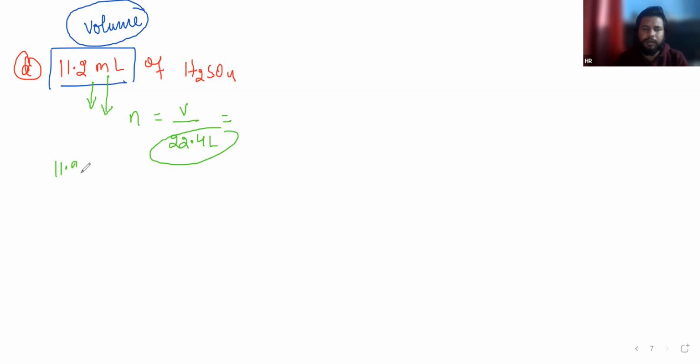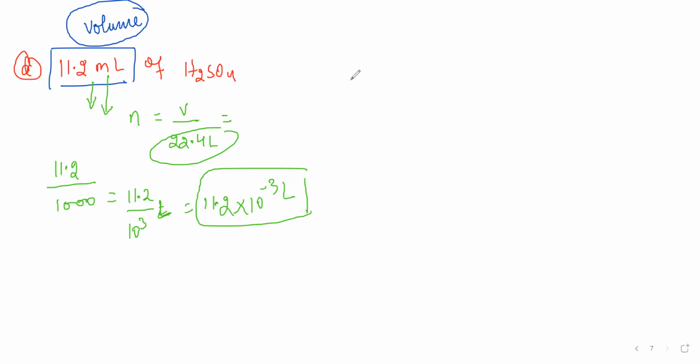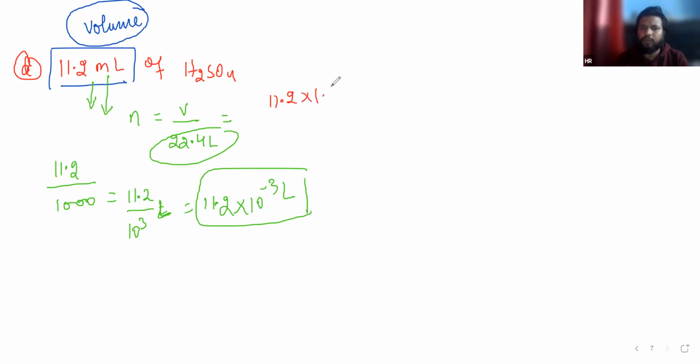For liter, we need to divide it by 1000, or you can also write it 11.2 upon 10 raised to the power 3 liter, or 11.2 into 10 raised to the power minus 3 liter. Now you put the value 11.2 into 10 raised to the power minus 3 liter divided by 22.4 liter, and it will be cancelled by 2 times.